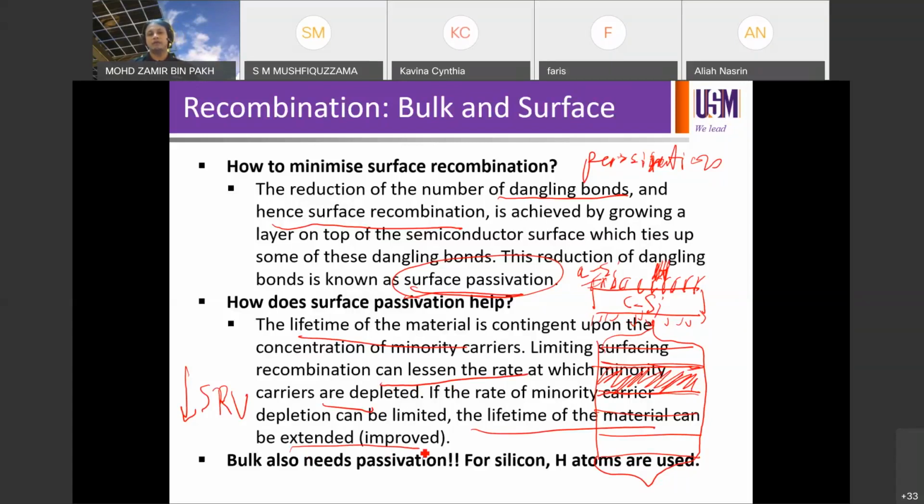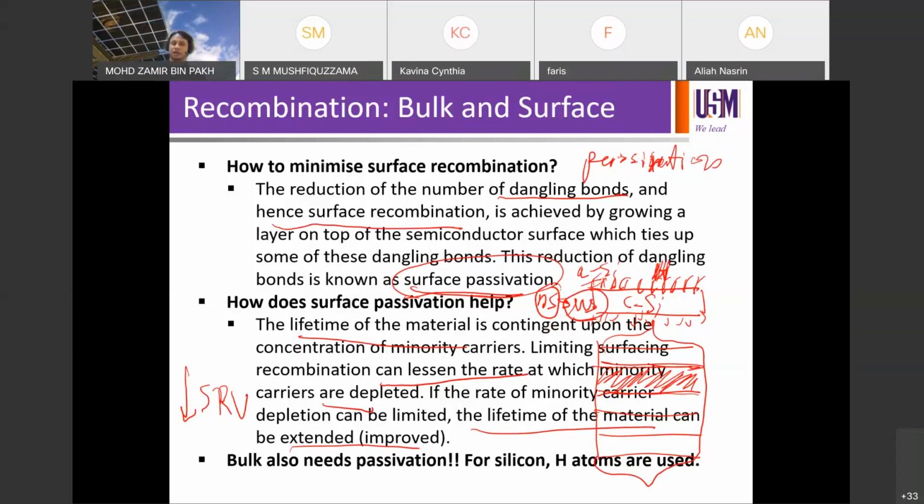Say if you have dangling bonds, your lifetime is in nanoseconds, for example. The moment you've done your passivation, it may go up to microseconds. So from 10 to the minus 9 second, it goes up by 3 orders of magnitude to 10 to the minus 6 second.